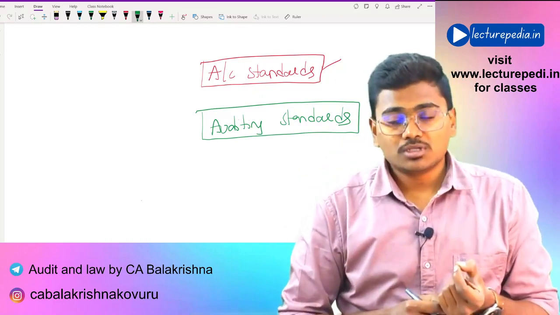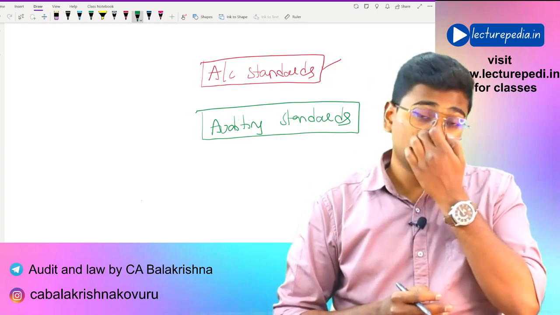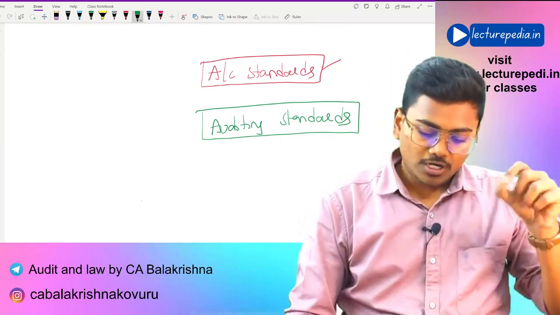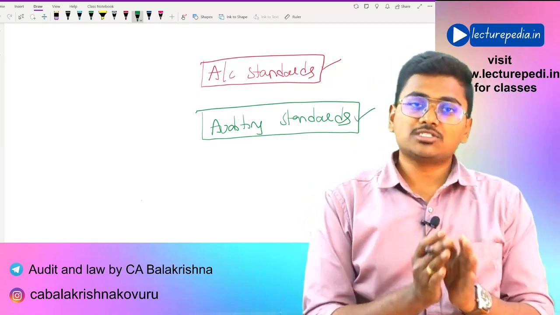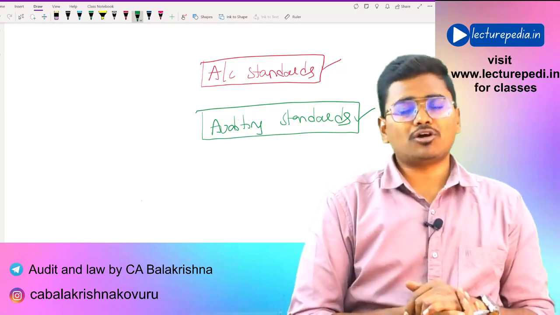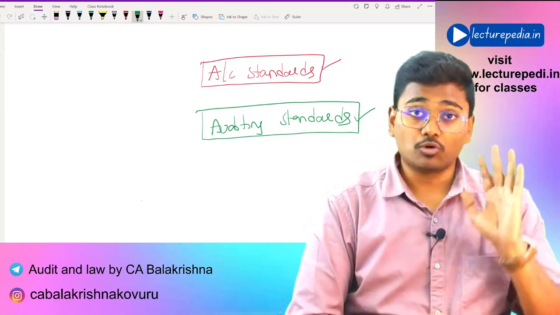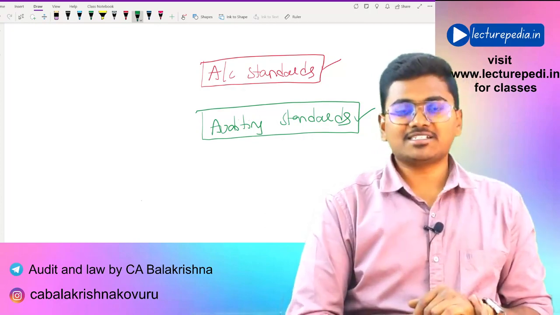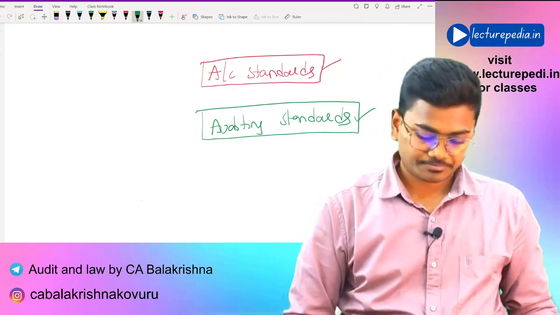So in order to streamline the entire process of auditing, auditing standards have been prescribed, and these auditing standards must be followed by the auditors while auditing financial statements. Hope that is clear.